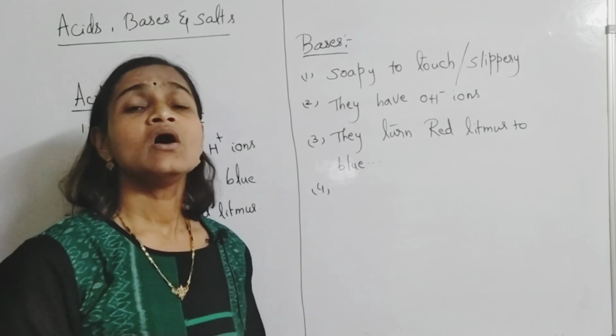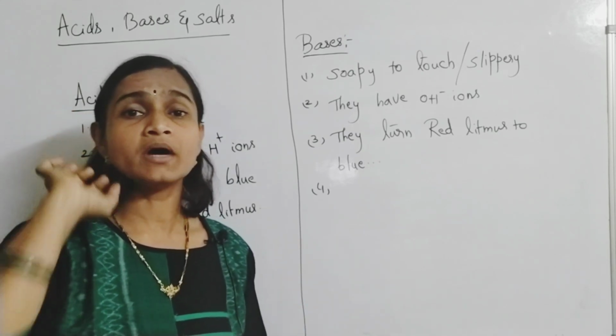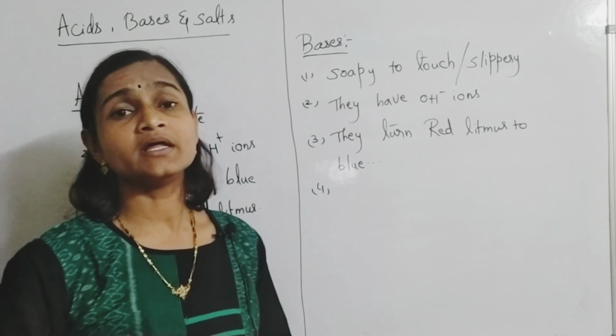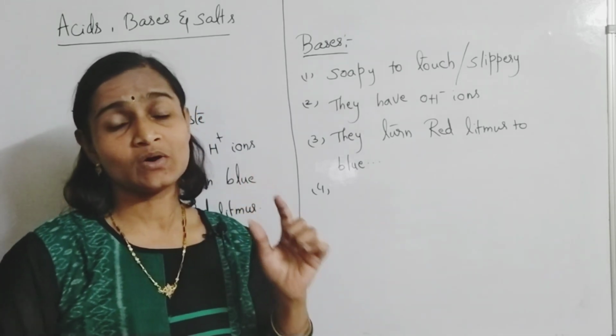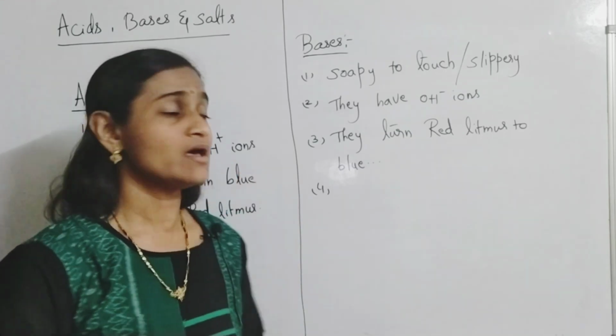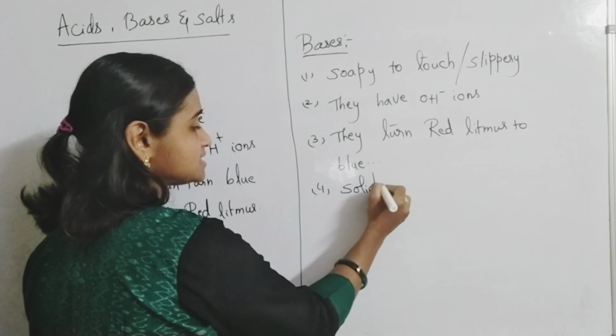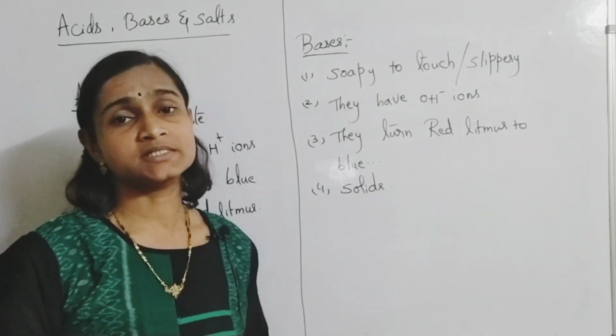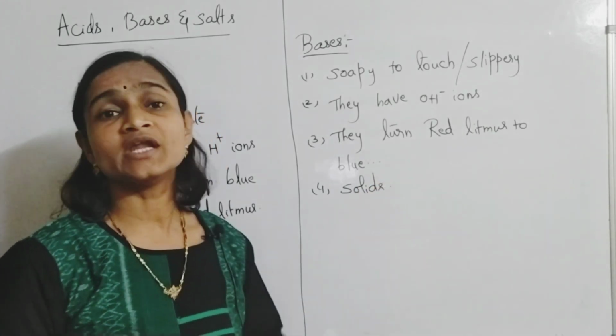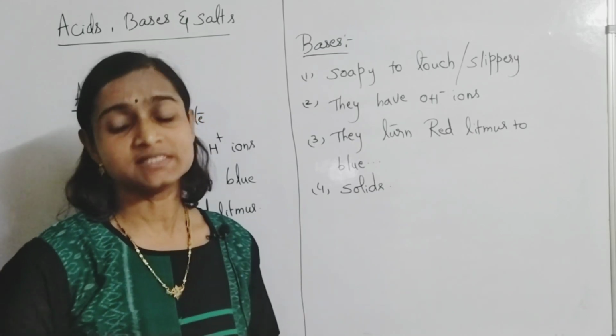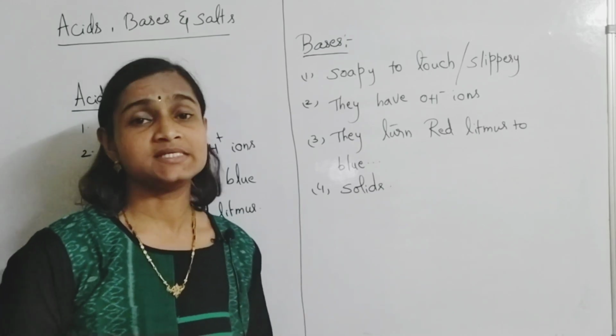Some of the bases, like sodium hydroxide, appear in the form of small pellets. So they are solids or amorphous powders. These are the general physical properties exhibited by bases, right?